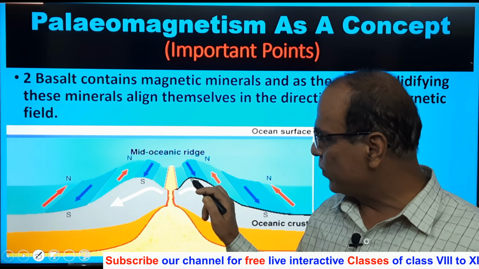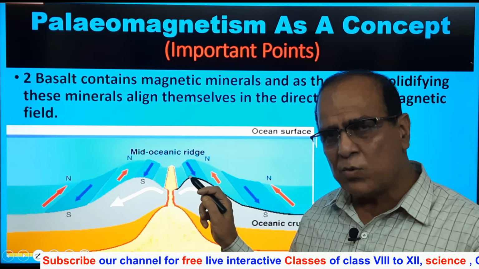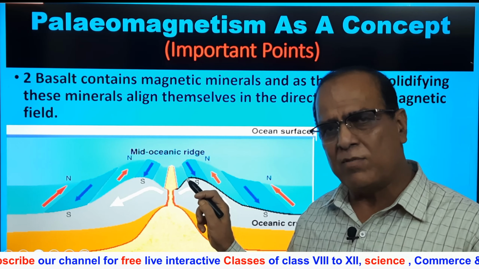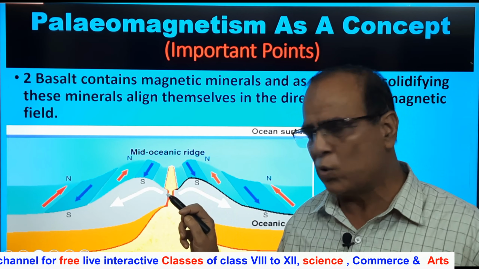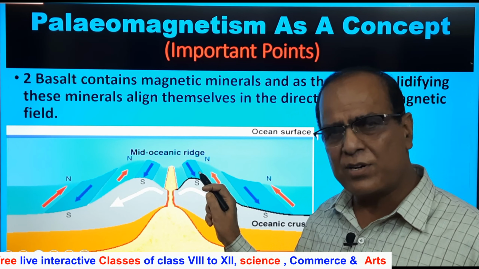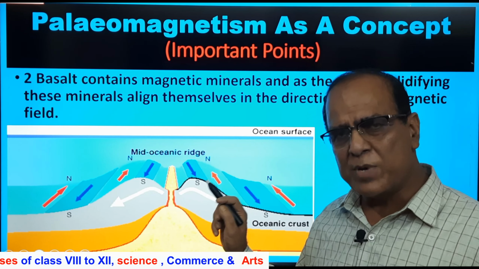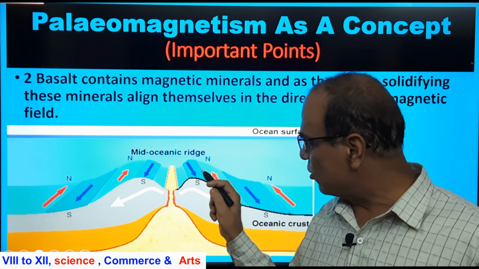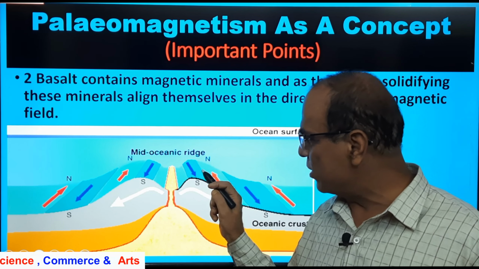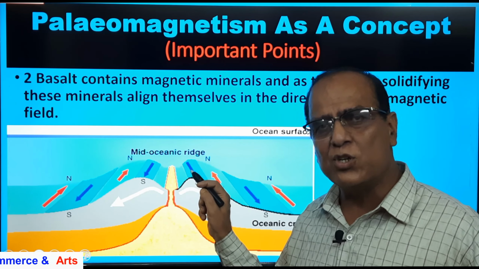And thereafter, if you see what had happened previously, probably 7.8 lakh years ago, what was there? The magnetic field was lying towards which side? Towards south. It means that this rock strip is older and this rock strip is newer.